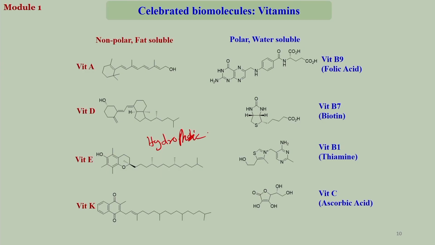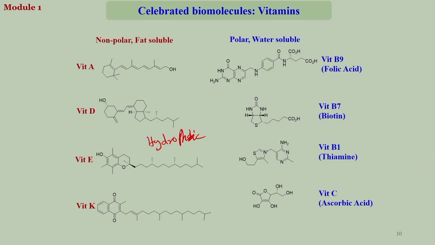They are hydrophobic compounds, and therefore, they are not soluble in water. In the body, they are soluble in fat, in fatty acids. On the other hand, on the right hand side you can see these structures, for example, vitamin B9 is folic acid. This has an acid group and many heteroatoms, which are hydrophilic in nature. So, overall this molecule has a lot of charge separation, it is a polar and hydrophilic molecule. Similarly, biotin also has a carboxylic acid end with heteroatoms, and vitamin B1, which is thiamine, has a lot of functional groups, OH and polar groups of course.